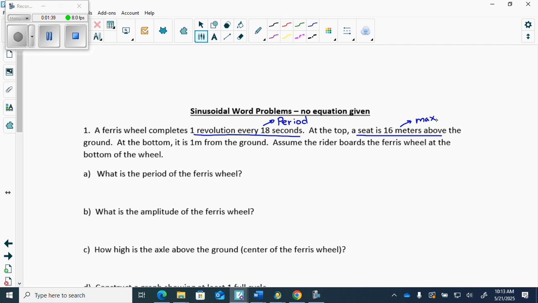Sometimes Ferris wheels start above, most of the time. Sometimes Ferris wheels start below ground level. For example, if you've ever been on the Mickey one in Disneyland, you actually walk down to get into that, right? You are below ground level when you get on those ones. All right. At the bottom, it is 1 meter above the ground. What is that? The minimum.